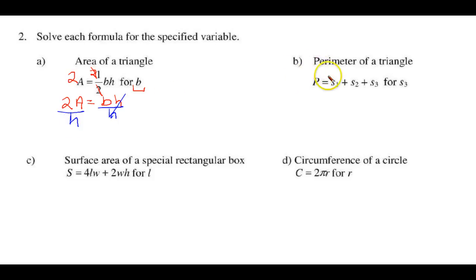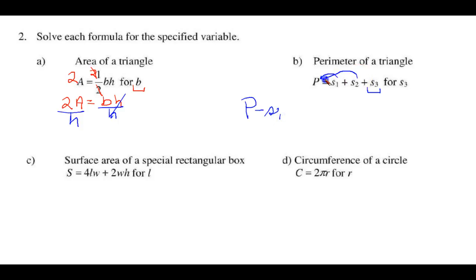Now here's where transposition comes in very well. You want to solve for this letter. So what I'd do is I'd put the P there. I'm going to transpose this one to the other side as a negative S sub 1.